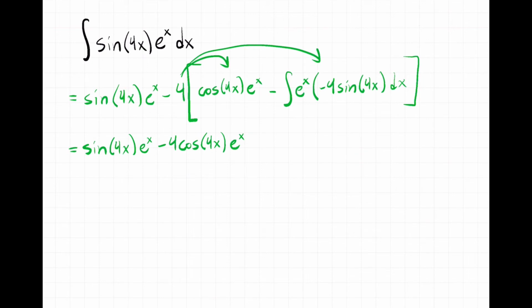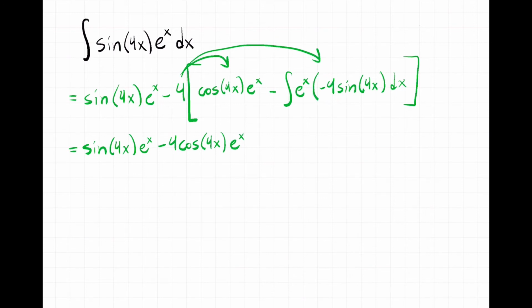Now for the next part, let's look at all of the coefficients that we have. We have this negative 4 in front of the brackets. We also have this negative in front of the integral. And we have this negative 4 that's being multiplied by the rest of the integrand. So let's combine those together.